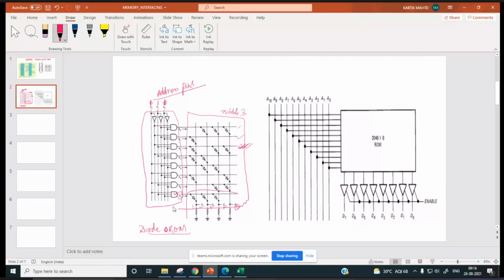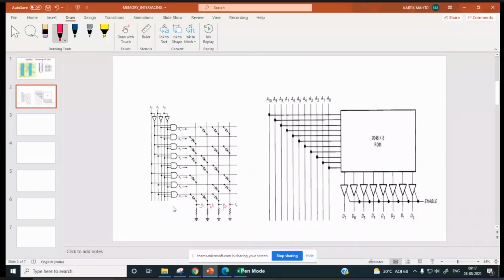Now if I put here say 0 0 0, what will be the output at D0, D1, D2, D3? Quickly, Ankush. What will be the output?